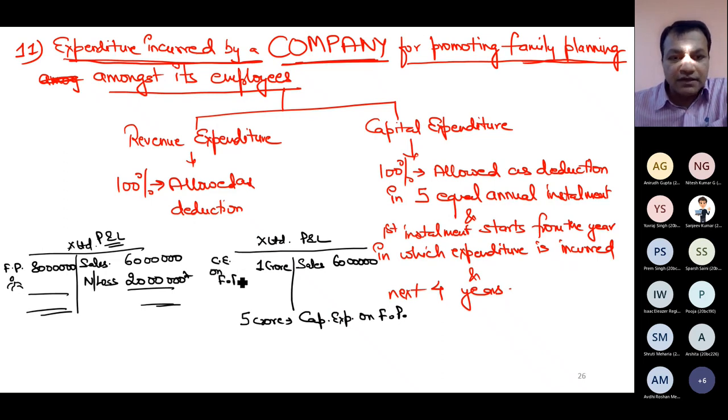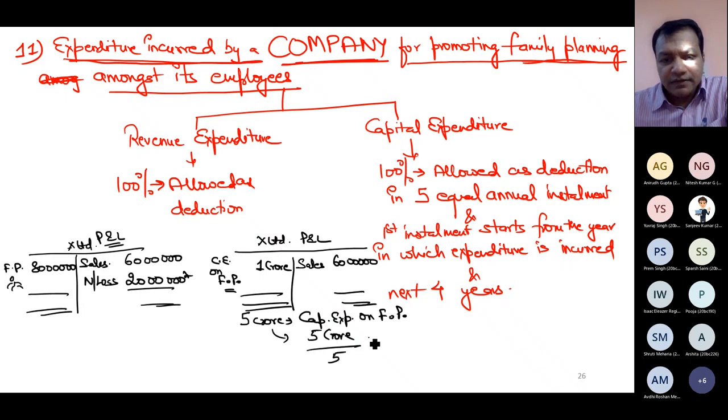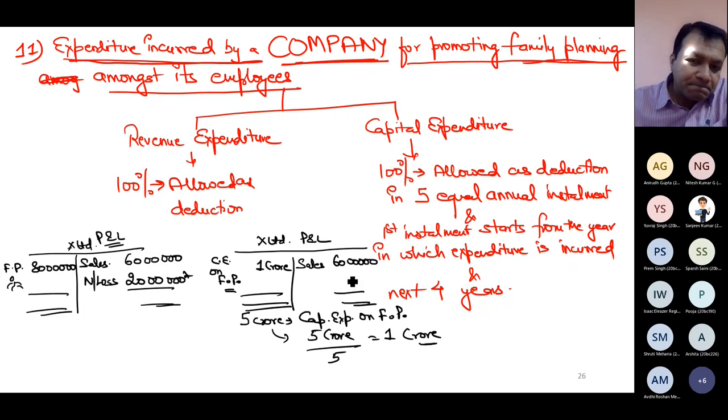First of all, at the initial stage I will show 1 crore. But can you tell me what is the net result? Sir, nil. Because I have to make 5 installments. Okay. The remaining 1 crore each will be shown in the next 4 years. Now, what is the net result? Sir, nil. Nil. Why? Because of unabsorbed depreciation. Yes.